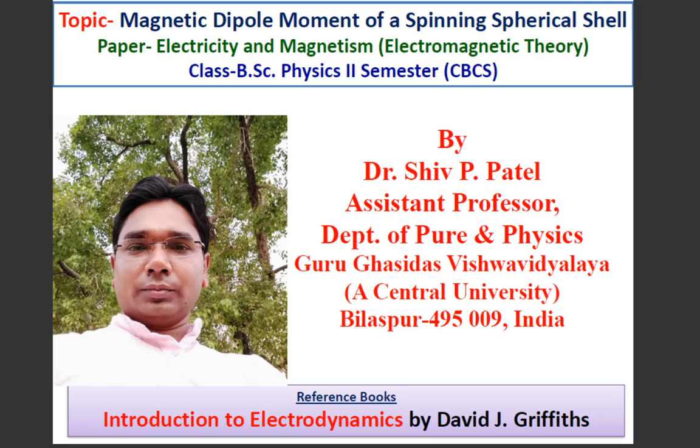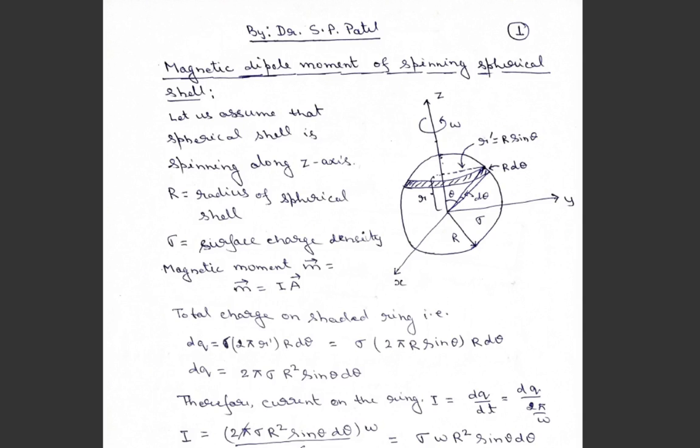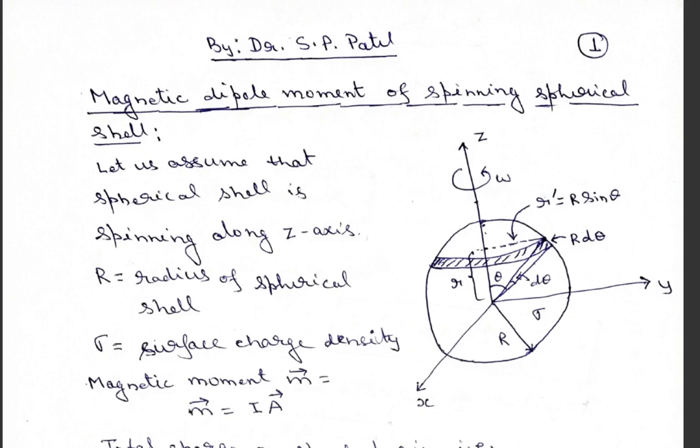Obviously it means there will be a magnetic field due to a rotating spherical shell. If there is a magnetic field, it means there should be some magnetic dipole moment also in the spherical shell. So in today's lecture we will learn how one can determine the magnetic dipole moment of a rotating spherical shell.